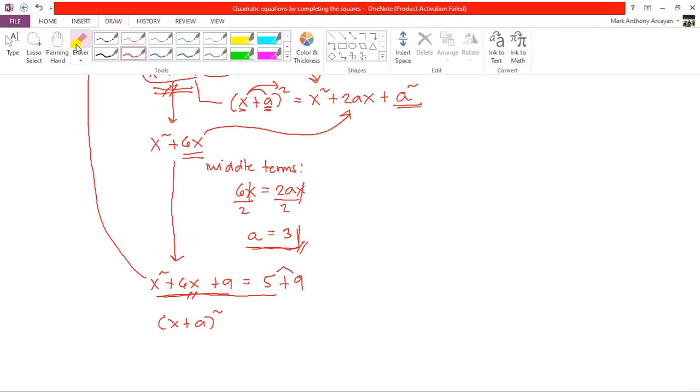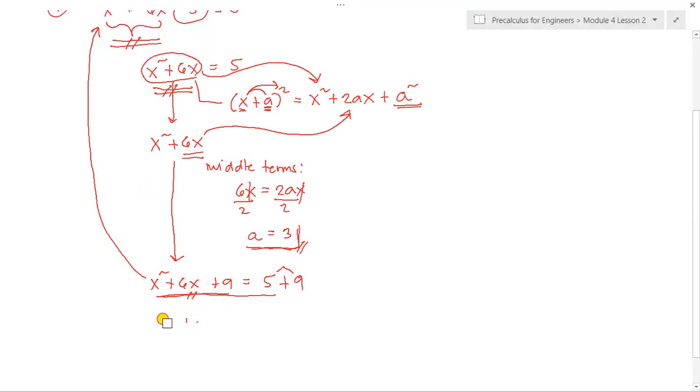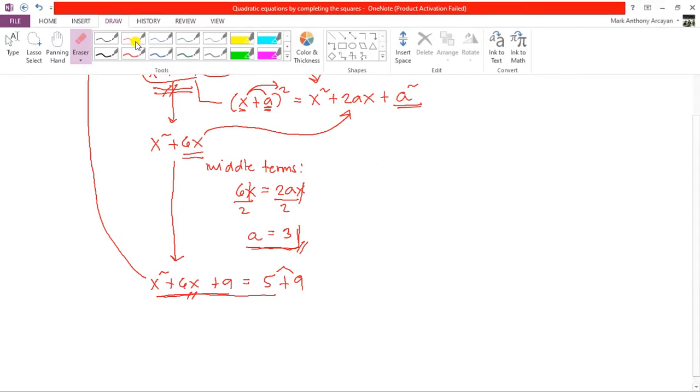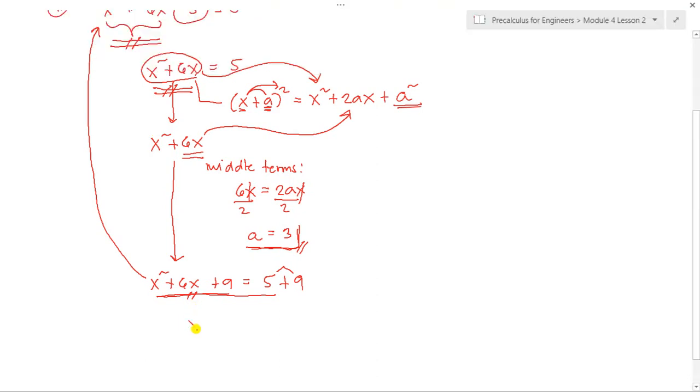So therefore, we can write this one easily as x plus 3 squared. Diba? Kasi perfect square na itong x squared plus 6x plus 9. And if you want to verify that, you can expand this binomial. Then your answer would look like this, yung x squared plus 6x plus 9. And then 9 plus 5 is equals to 14.